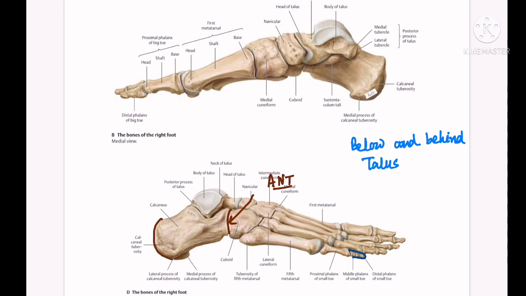Opposite the anterior surface, this is the posterior surface, obviously, anterior, posterior. Then from above, this portion represents the superior surface. Similarly, opposite the superior surface, this is the inferior surface.